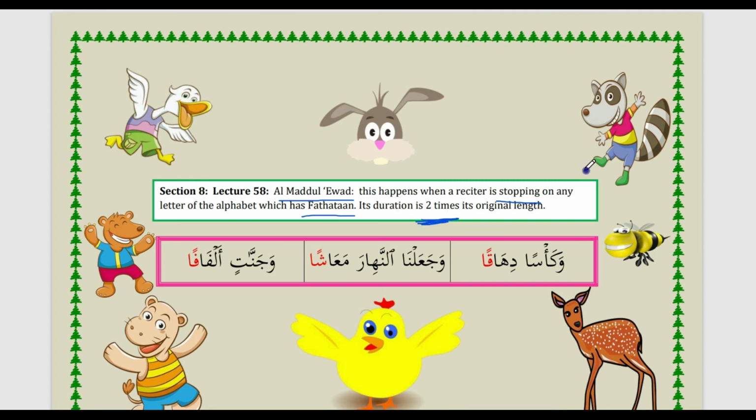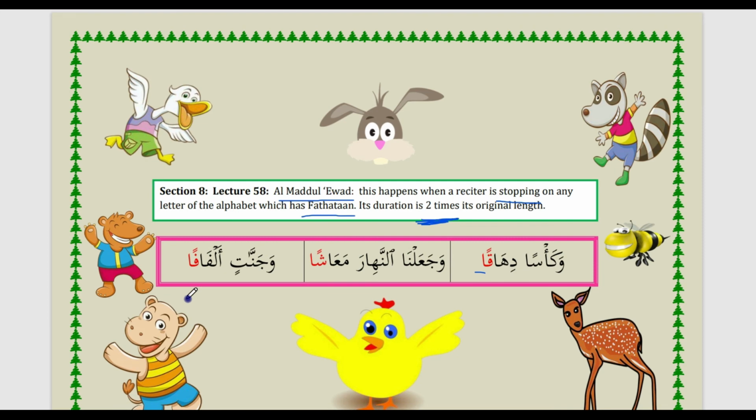So if we look at the ayah, we will see the last letter here is qaf, and qaf has fathatan. Now the alif there is not the last letter. If I can take you back in history, when we were learning Qaida, and we were on the topic fathatan, you will see in fathatan there is an alif written after every letter.